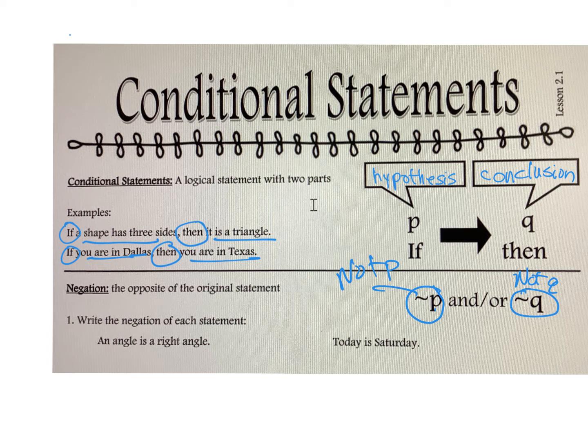An angle is a right angle. So to negate it would be an angle is not a right angle. So let's do the next one. Today is Saturday.